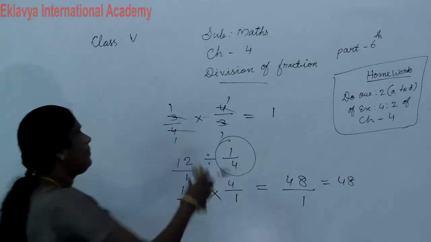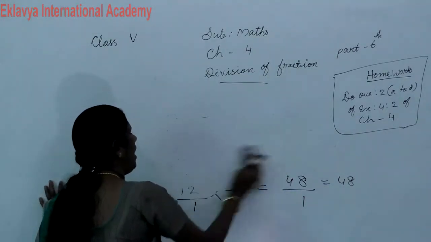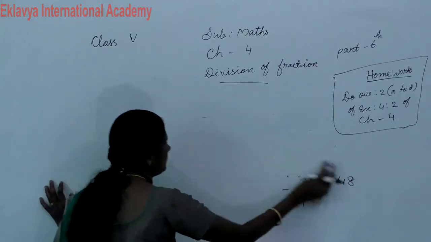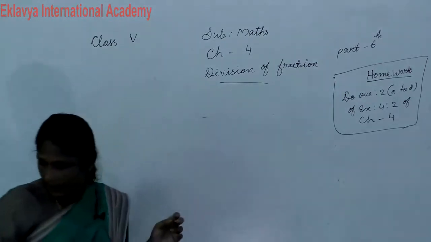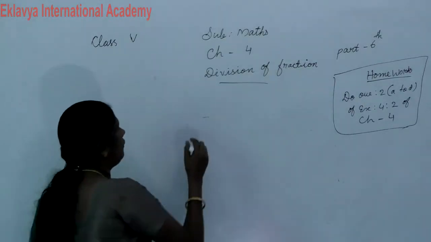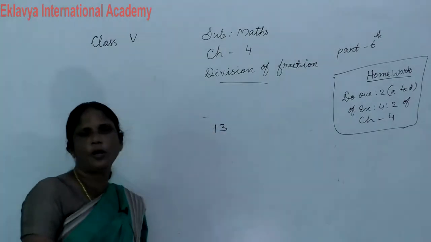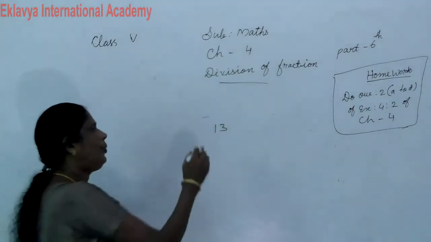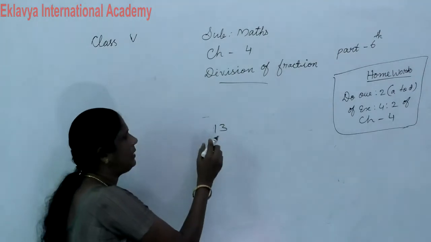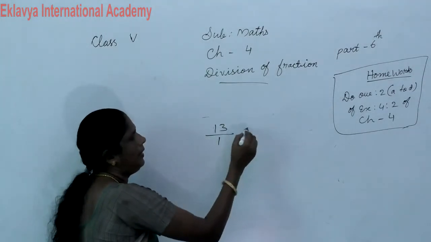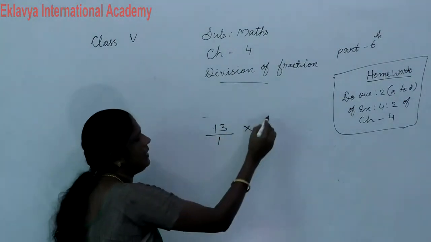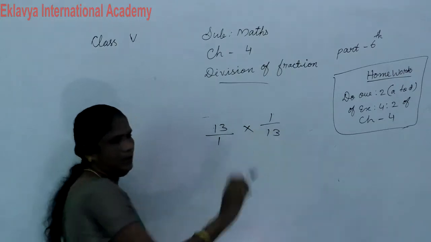What is the reciprocal of a whole number? 13. What is the reciprocal of 13? There is no denominator here, you put 1, then the reciprocal of 13 is 1 by 13.